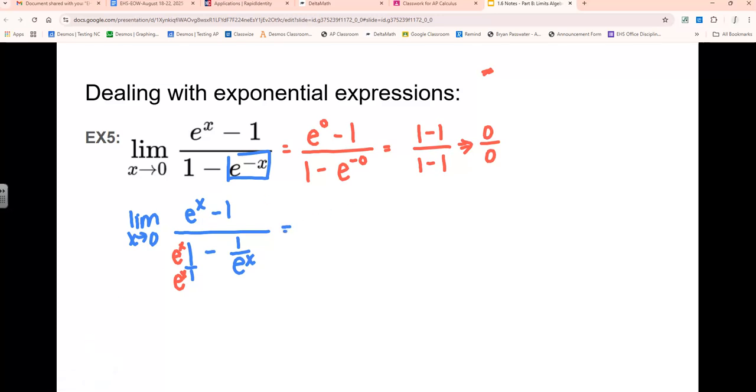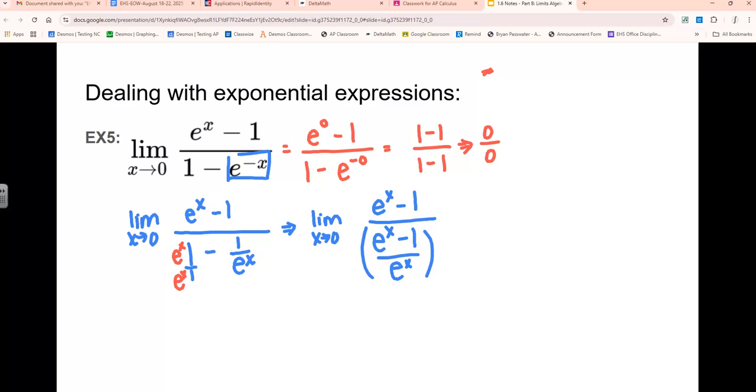And that is going to give us the limit as x approaches 0 of e to the x minus 1 over, here we're going to get e to the x minus 1 all over e to the x. And I'm going to put some parentheses around that to make sure I'm doing these things right.